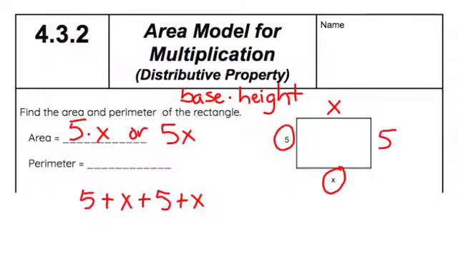But a shorter way to write this would be to put your like terms together. So notice that 5 plus 5 is 10, and x plus x gives you 2 x's. And remember, that's the commutative property, which says I can move my 5's and my x's around because it's all addition.